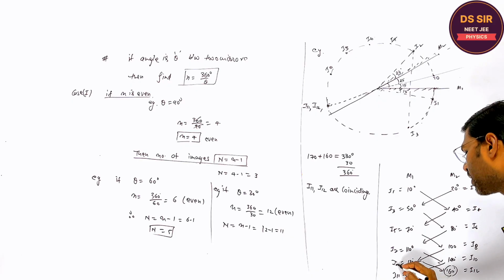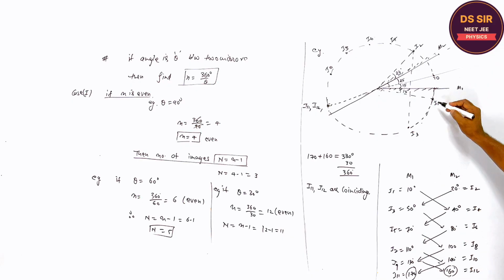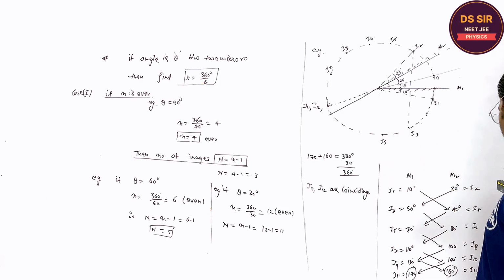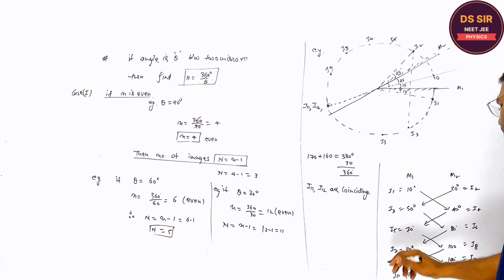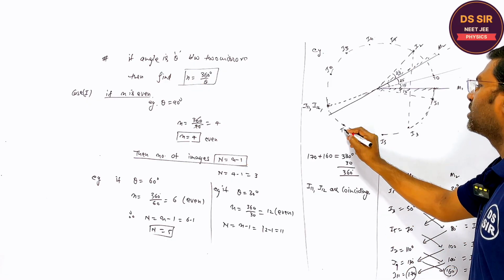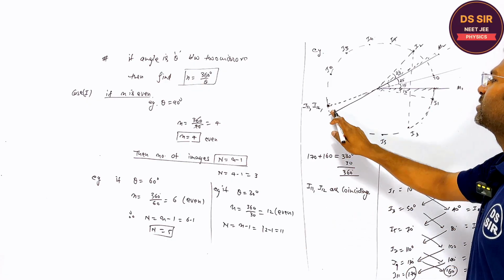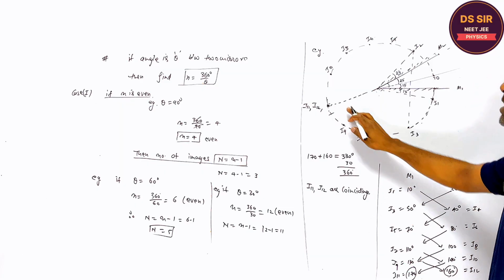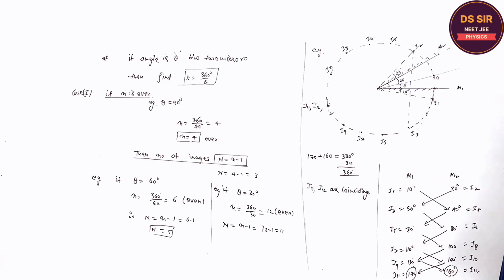Mathematically you can write the position of the images: I1, I3, I5, I7, I9, and I11. Understood or not? So I11 and I12 will be coinciding, and these are the different images obtained by these mirrors, right.